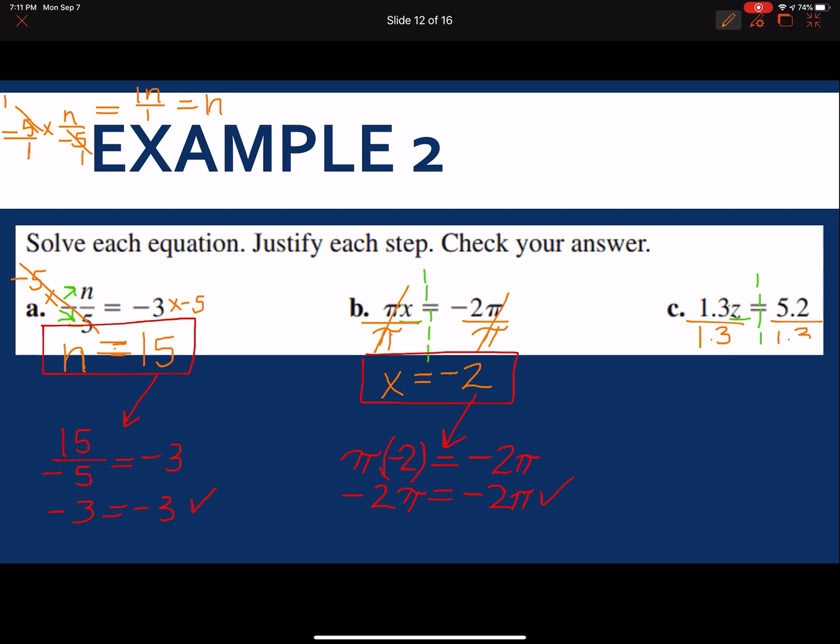Whatever I do on one side, I must do on the other. Simplifies to 1z or z. And I can put this directly into my calculator. 5 2/10 divided by 1 3/10. And that's actually going to simplify to 4.